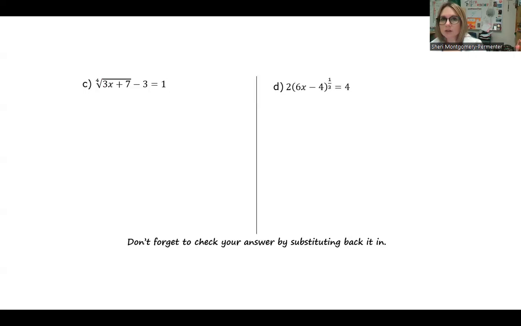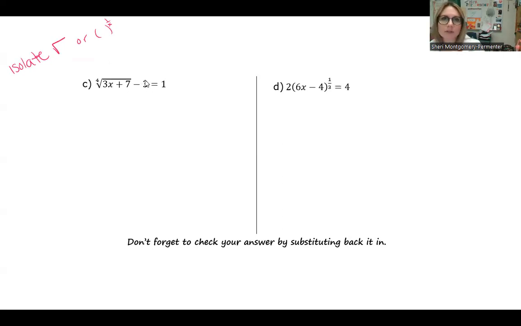Okay, so then let's give ourselves a note, because that is not what we take care of first. You have to first isolate the square root or something to some rational exponent. So if we look at C, do I have the square root or the fourth root all by itself yet?